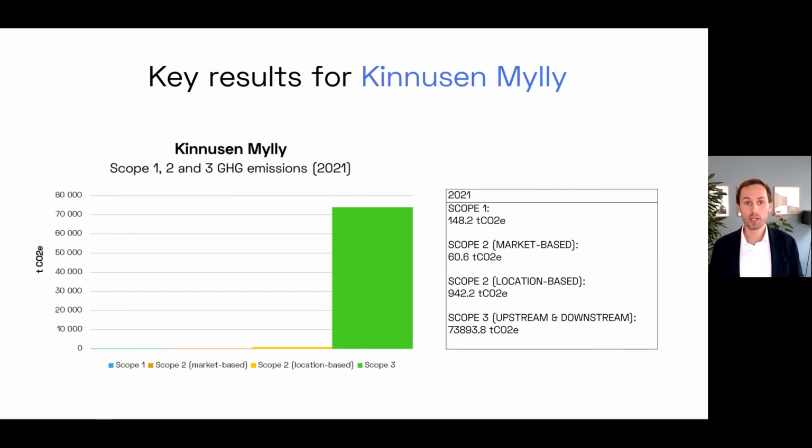In terms of scope 1, in this case, 148.2 tons of carbon dioxide equivalent result from the energy production at the mill, as well as some of the mobile combustion that is required for transportation.